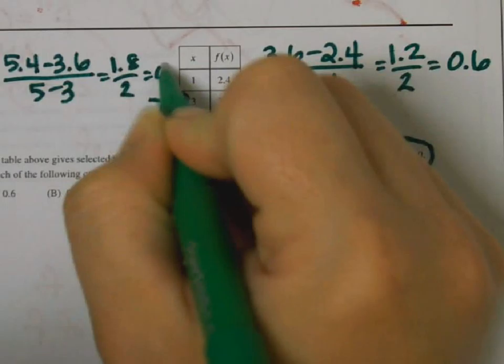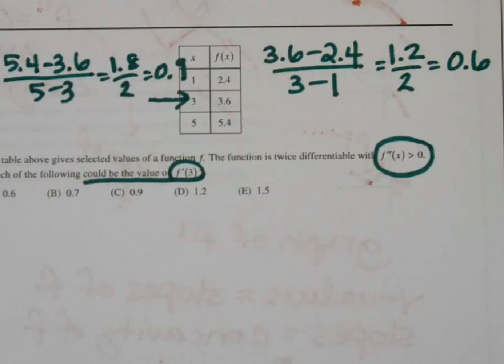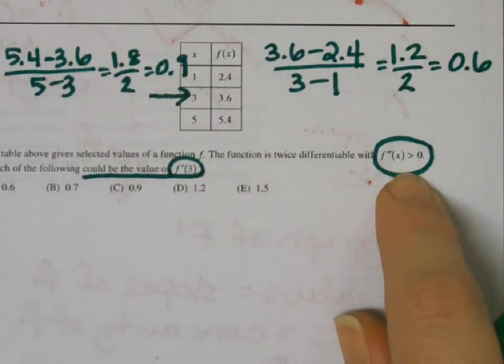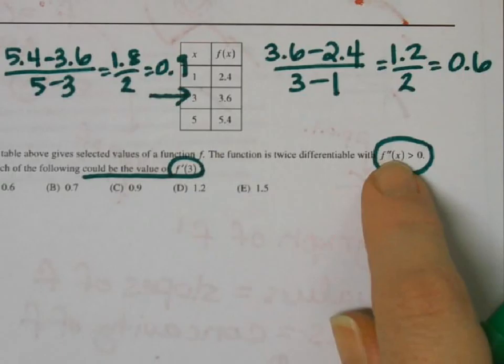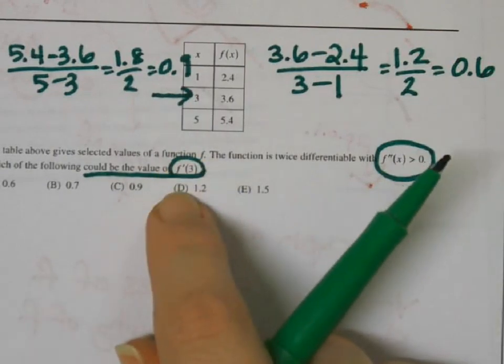It should be more than 0.6, because the slope at 3 means the slope when we are actually at the point 3. We're estimating the slope between 2 points instead of at a point. So it should be less than 0.9 at 3, something between these two.